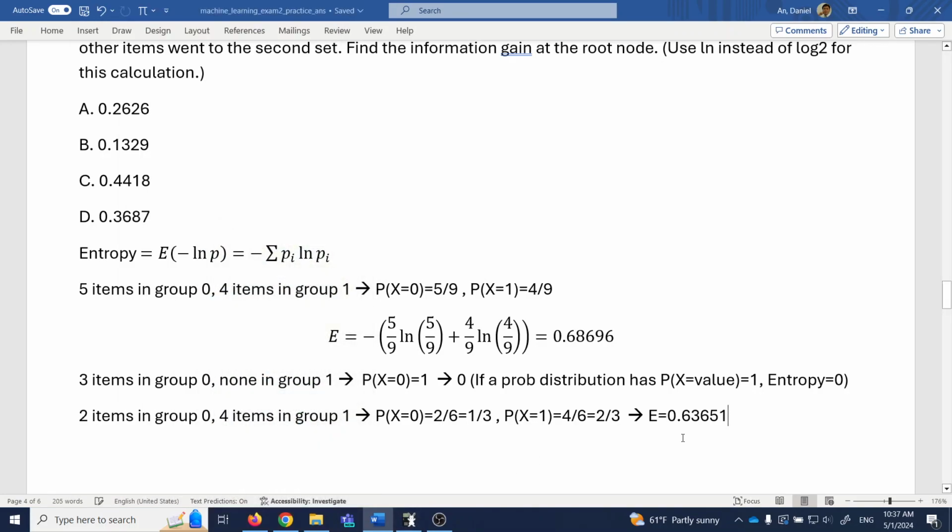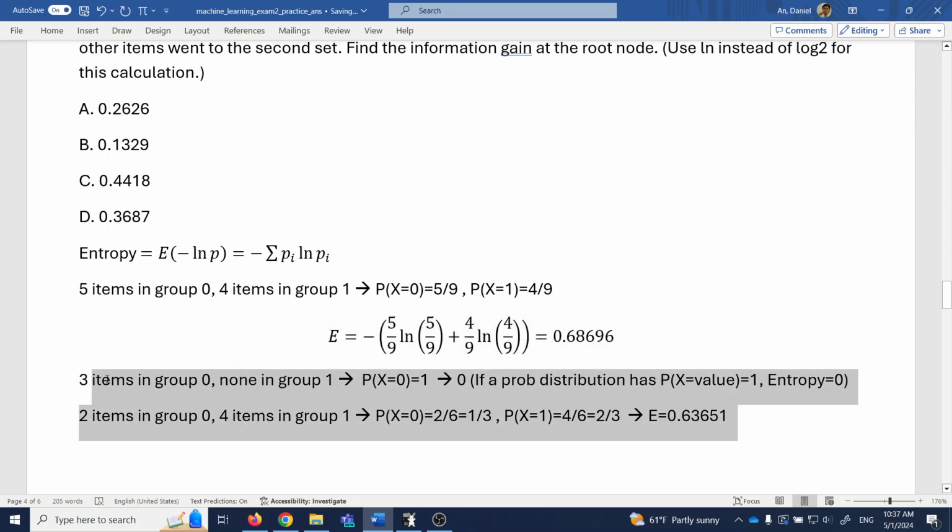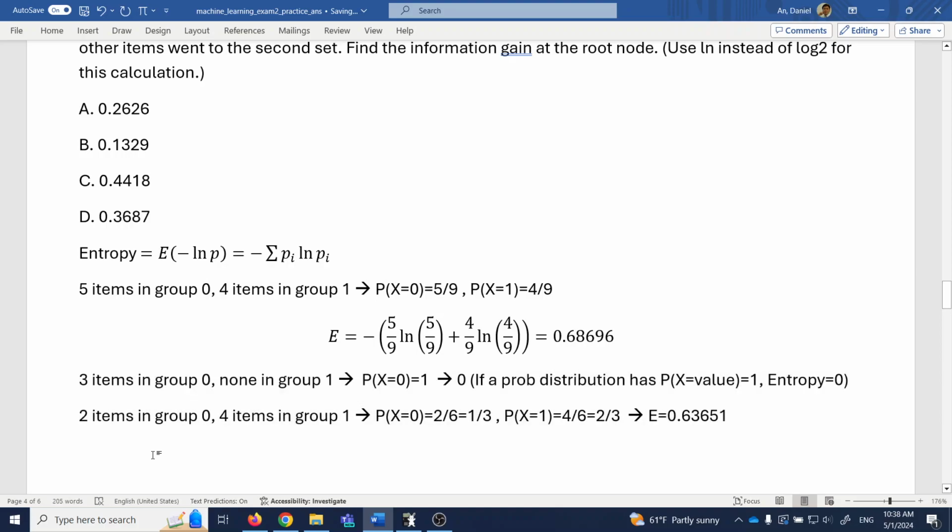Okay. Now, we have to find the difference between the entropy before and after, but there's another thing we still have to do. See, both of these are the entropy after. And since 0.63651 is the entropy of just one case, what you need to do is take the weighted average of the entropies.